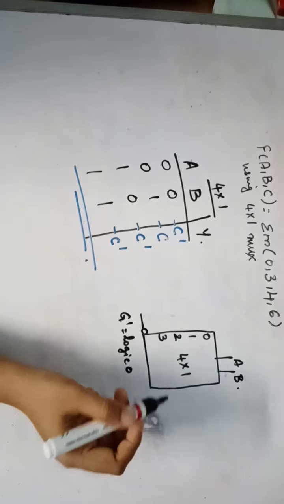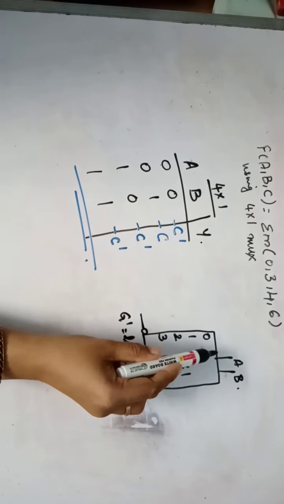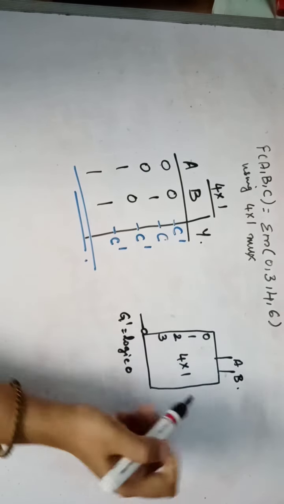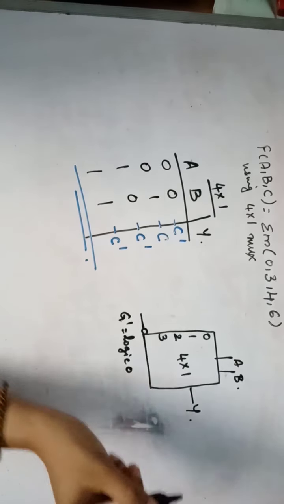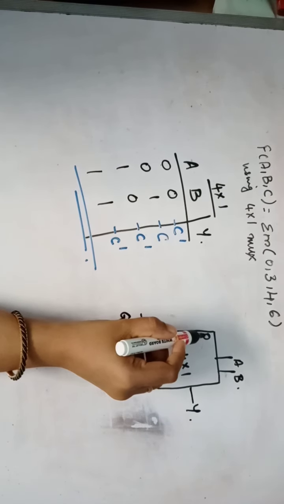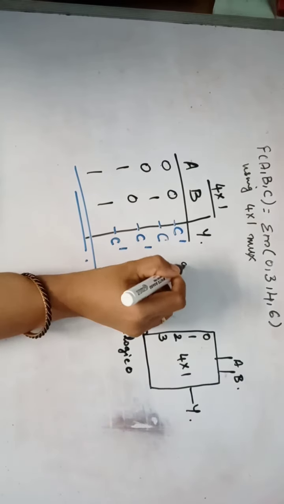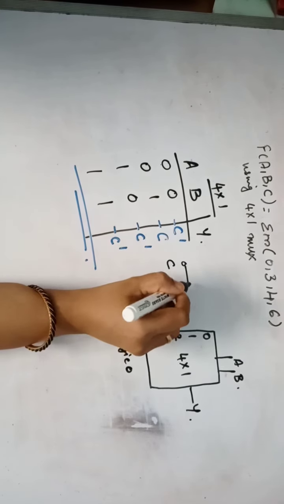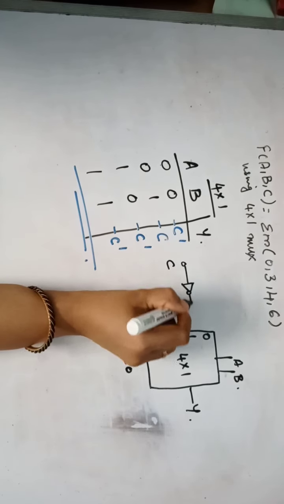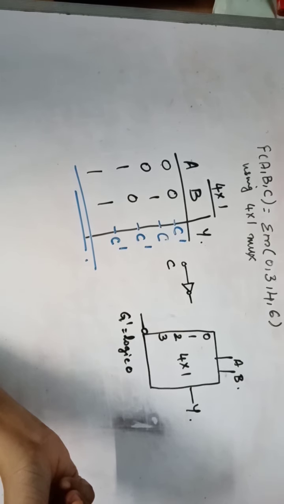A0, B0 means what is Y? Y is equal to whatever is in the 0th line. So what should be there in the 0th line? C bar should be there. So C will be an input and C bar will be the NOT.